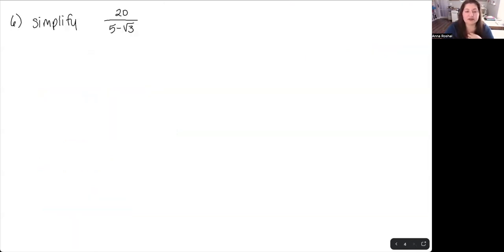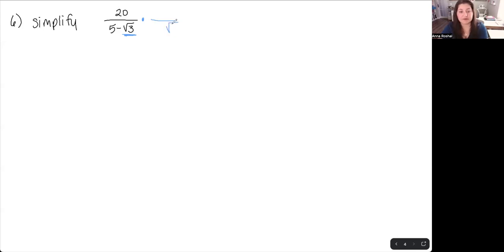Okay, and then the last question on this particular page is to simplify. So we know we cannot have a radical in the denominator. In order for us to not have a radical in the denominator, what we're going to do is eliminate this radical. If this was just radical 3 in the denominator, I would just multiply by radical 3.